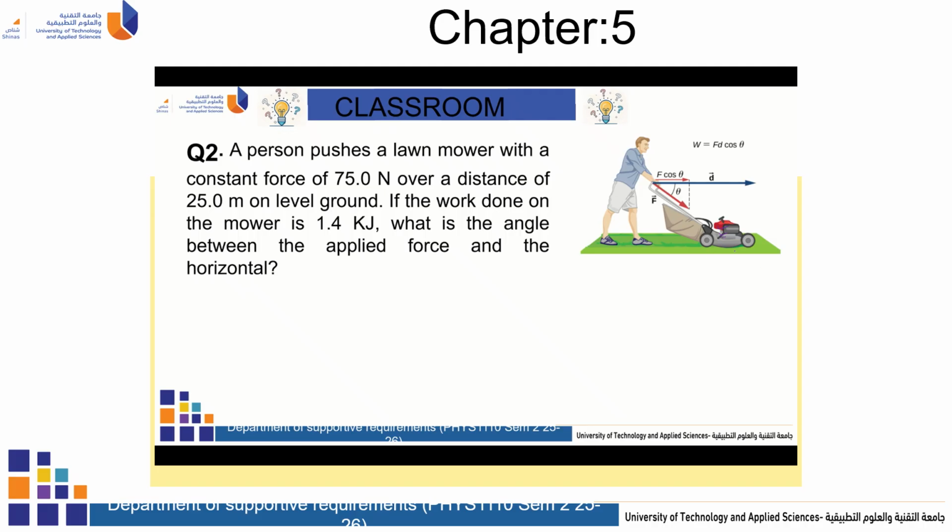This is the lawn mower with a constant force of 75 newton. So this is the value of the force, 75 newton, over a distance of 25 meter on a level ground. So this is equal to the displacement.